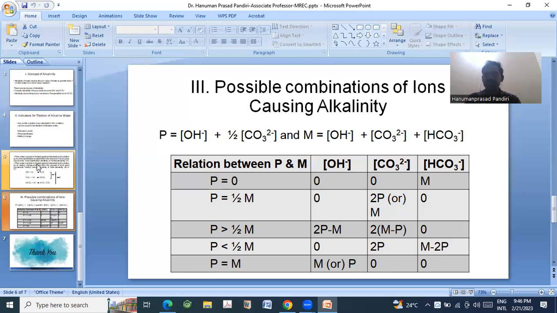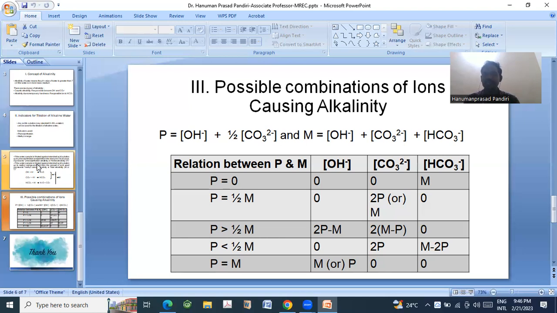So that is how we can determine which ions are responsible for alkalinity of water by titrating the given water sample with standard acid solution, that is standard sulfuric acid solution. If you observe P equal to 0, the only ion responsible for alkalinity of water is HCO3⁻. If you observe P equal to half M, the only ion responsible is carbonate.